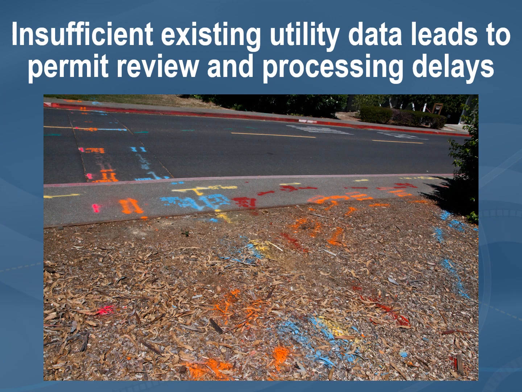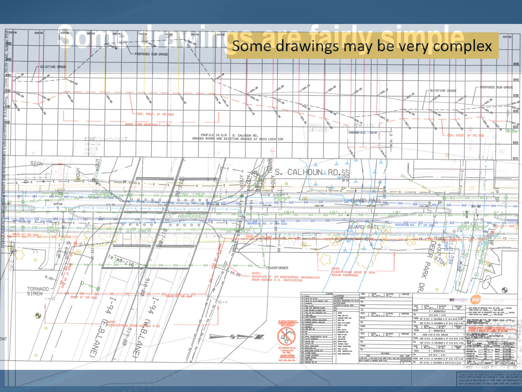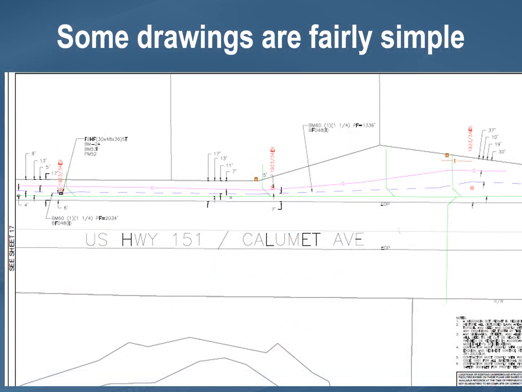Sometimes it can get very confusing, and sometimes it's hard to work with Digger's Hotline, but that is a requirement to have those existing utilities on there. Make sure you include a drawing with your plans so we can see what you're doing out there. And some drawings are more simple than others.